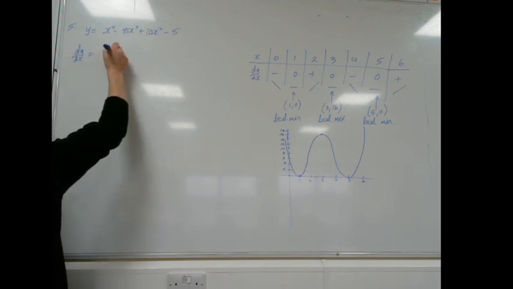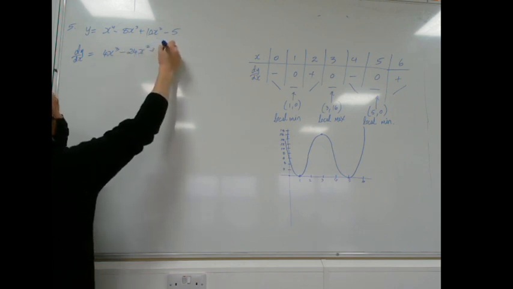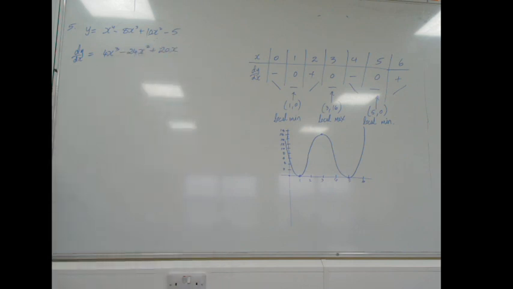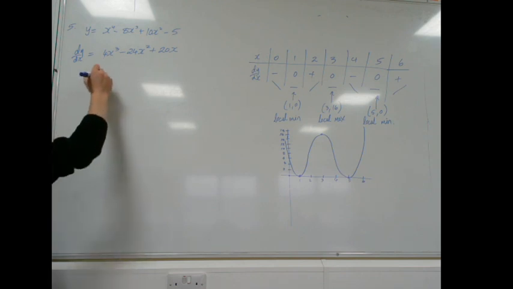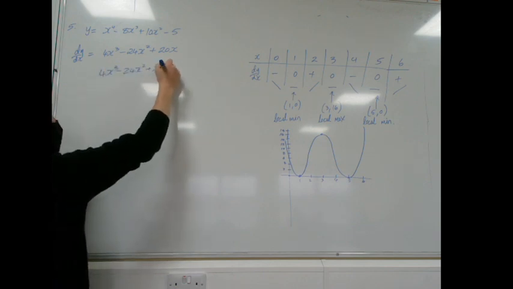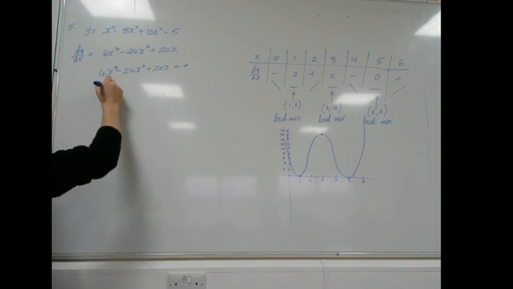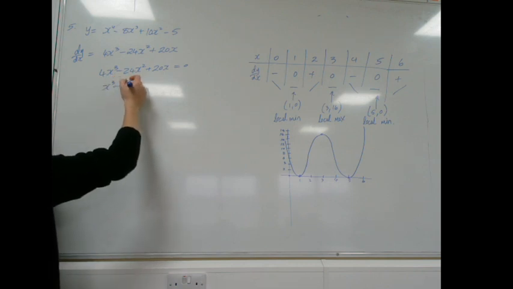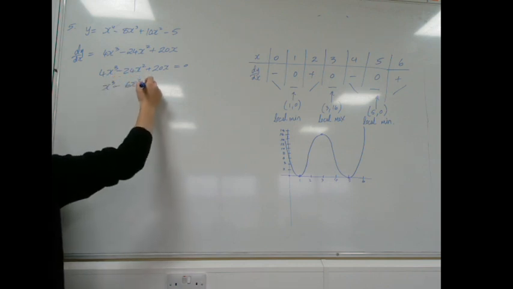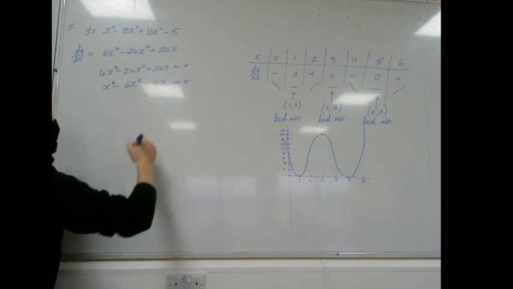So dy/dx equals x cubed minus 3x squared plus 5x. Set the curve's gradient equal to 0, so x cubed minus 3x squared plus 5x equals 0, and then factorize.